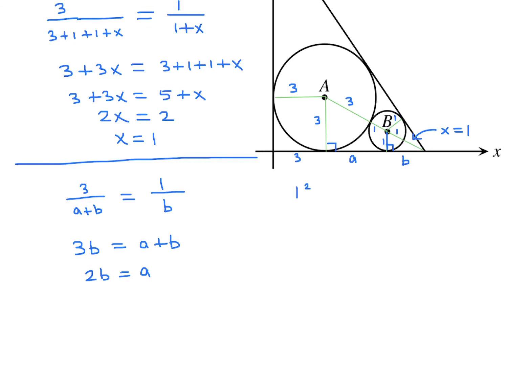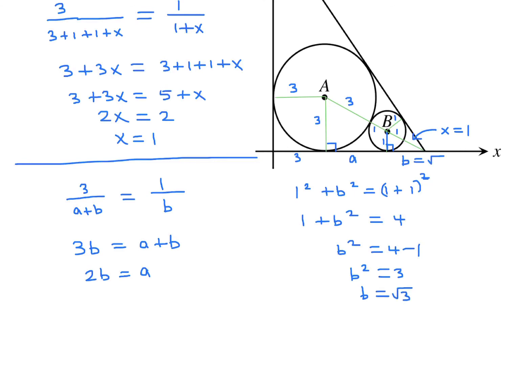So we have 1 squared plus B squared is equal to 1 plus 1 squared. And this is 1 plus B squared is equal to 4, 2 squared. And therefore B squared is equal to 4 minus 1. B squared is equal to 3. So B is equal to root 3. So I can label that in there, root 3.